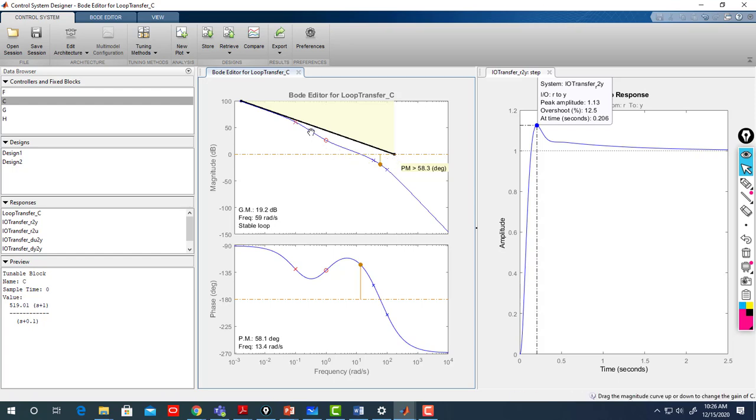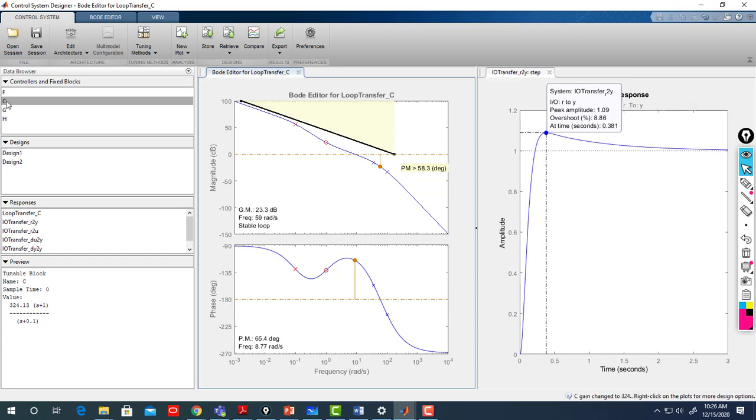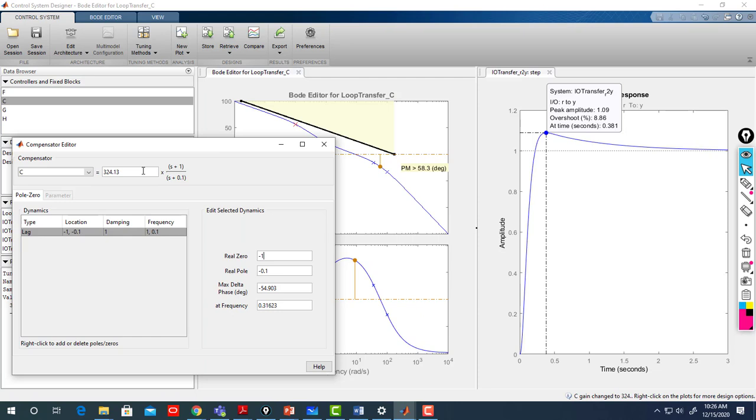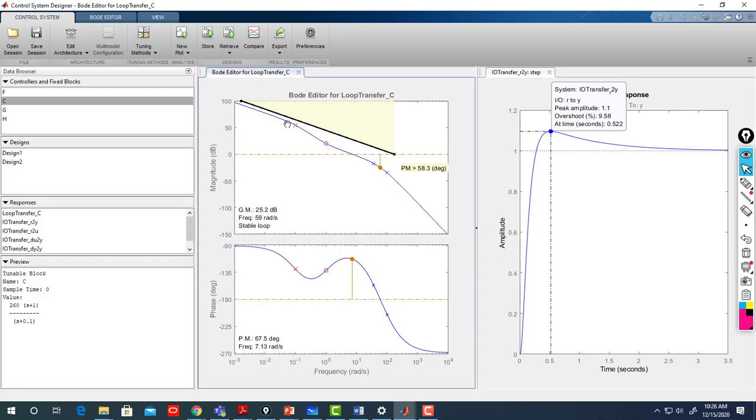Because if you want to have 9.5, basically your gain is 260, right? 260, and this is if you want to look at it actually, how much it is.